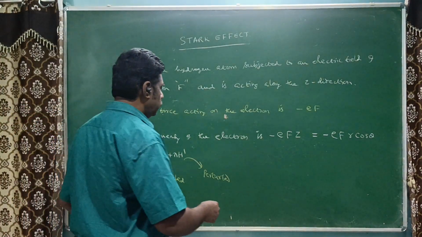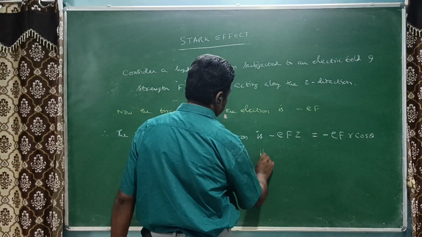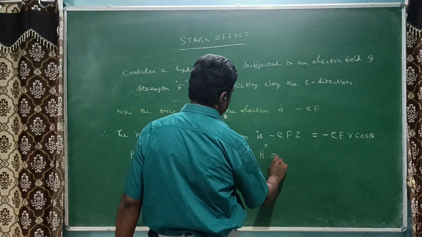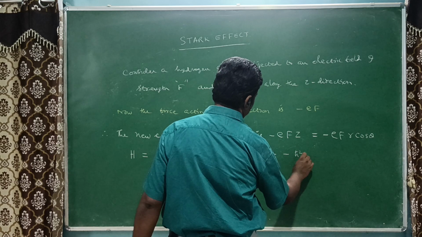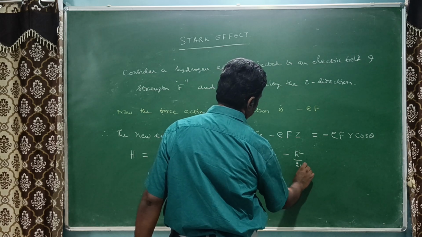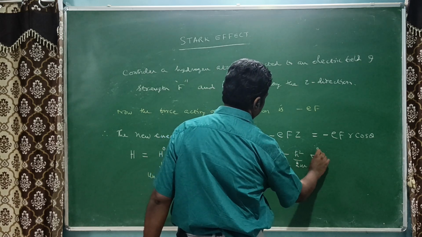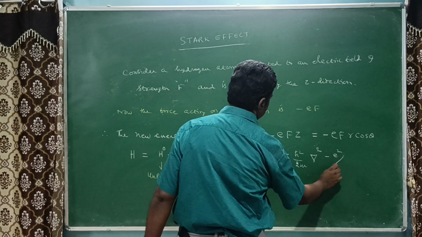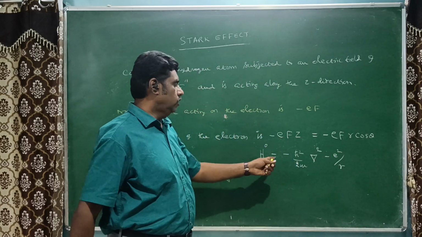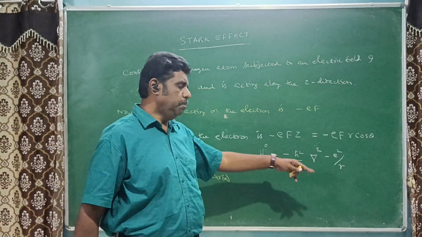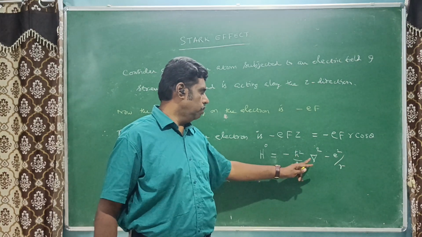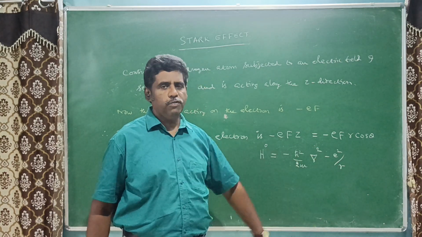In the present case, the unperturbed Hamiltonian H0 is minus h cross square divided by 2m del square minus e square by r. H equal to T plus V, minus h cross square by 2m del square plus V of r.